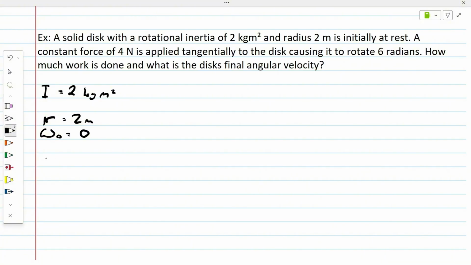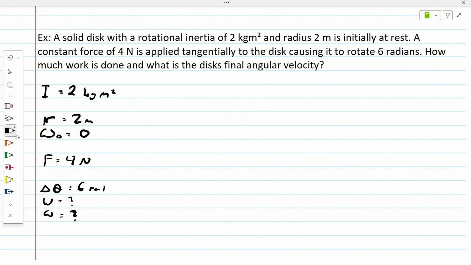A constant force equal to 4 newtons is applied tangentially to the disk and causes it to rotate 6 radians. So the change in angle is 6 radians. We want to know how much work is done and what the final angular velocity is.